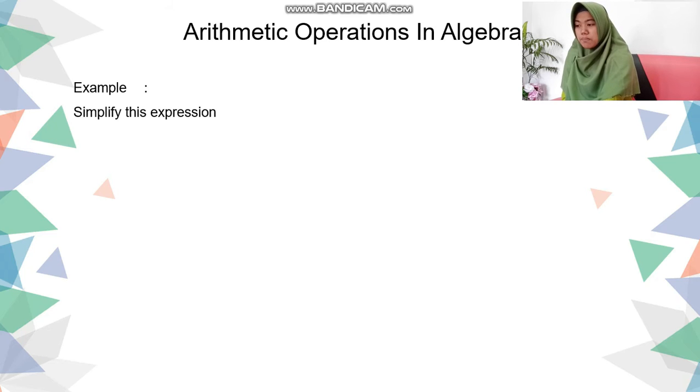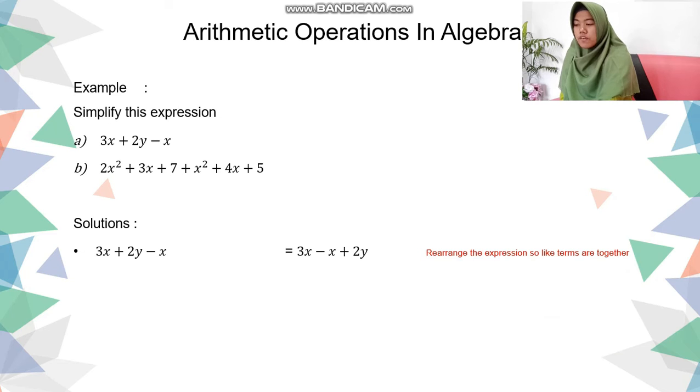Example. Simplify this expression. A. 3x plus 2y minus x. B. 2x squared plus 3x plus 7 plus x squared plus 4x plus 5. The solutions are: for the expression 3x plus 2y minus x, firstly, we identify the like terms.